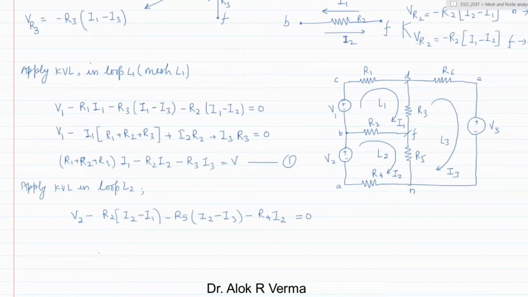If we solve this, we get minus R2 I1 plus (R2 plus R4 plus R5) times I2 minus R5 I3 equals V2. This is equation number 2.